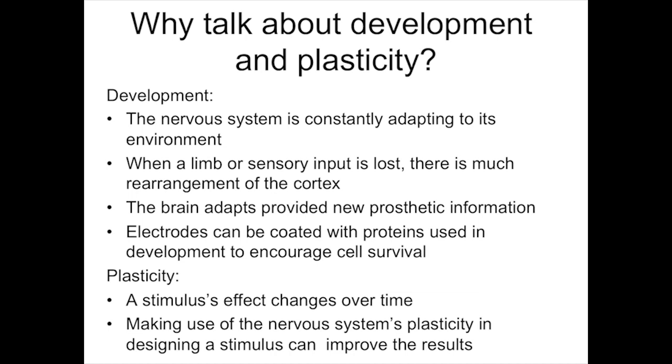The brain adapts given any kind of information coming from a prosthetic or something else, and we can also make use of that. There are many signals the brain uses in development, and we can coat electrodes and things like that to promote biocompatibility. So you can make use of developmental cues to promote biocompatibility.